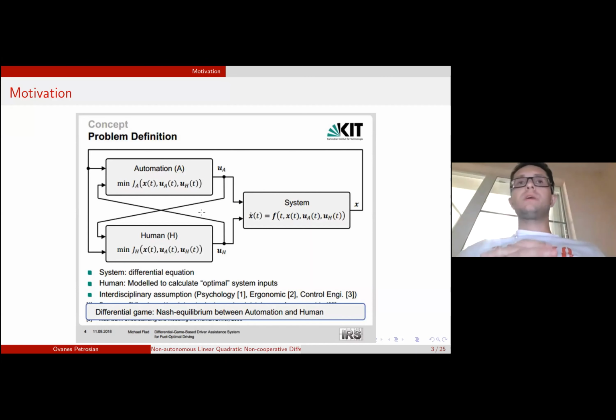It is assumed that the automation knows the objective function of the human, and then during the game, at every current time instant, when the assisted driving system actually works, the system uses strategies or controls taking into account possible strategies or controls of the human.